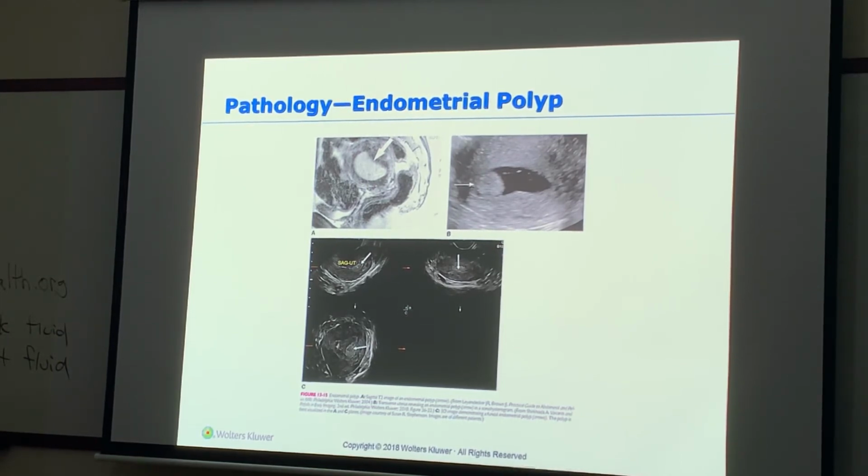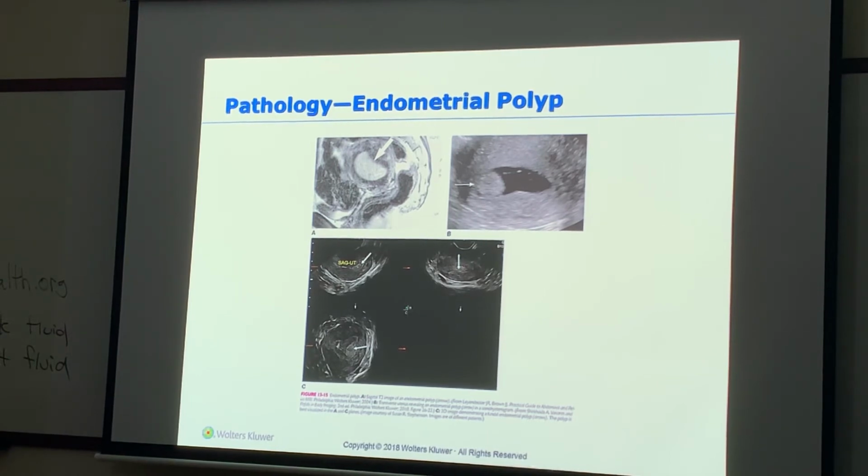Okay? If I have an endometrial polyp or a cervical polyp, they can be pedunculated. Sometimes we can see them coming out of the vagina if it's cervical. We can see them inside the endometrium. And if you have an endometrial polyp, you will have DUB.